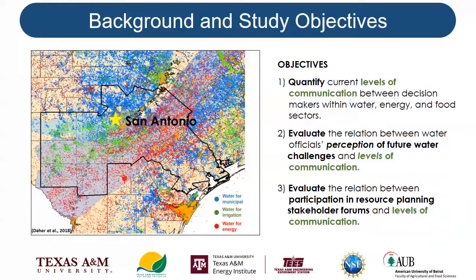So one of the main objectives of this study was to quantify that level of communication. How often do these people, who are clearly very interconnected and whose decisions are very much affecting each other, how often do they communicate? So we wanted to develop a benchmark of understanding that.